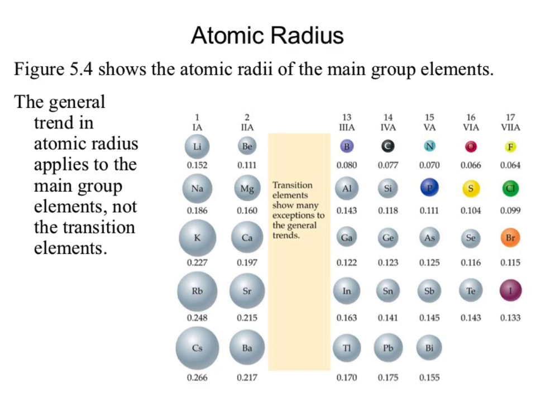It shrunk, which means the outermost electron is closer to the nucleus. So what would we expect to be the ionization energy of fluorine with respect to lithium? It should also be higher, just like when we looked at lithium versus cesium, because that outermost electron is now held tighter to the nucleus. So it tracks very well with atomic radius.